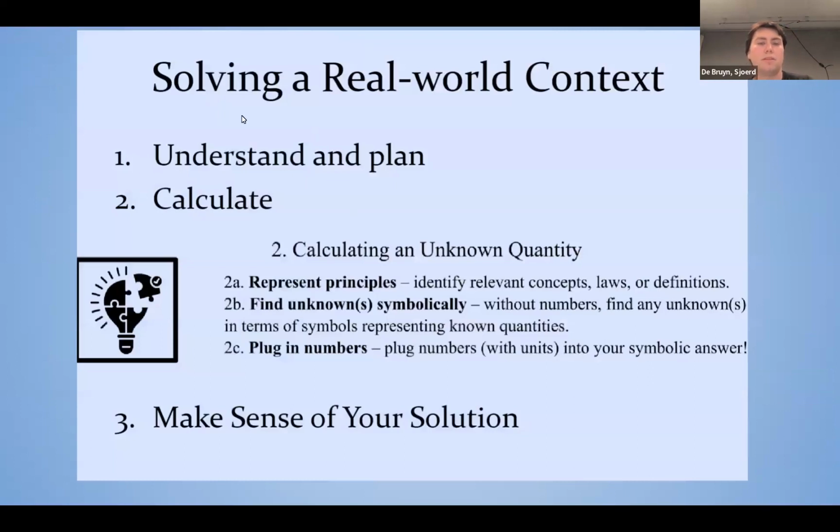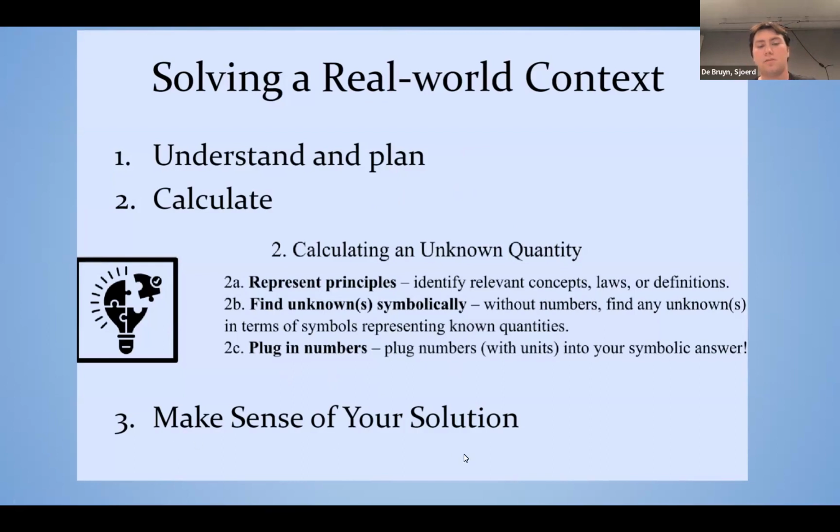And for both of these, we can see that they are real world context problems. We're using both the same 1, 2, 3 steps to understand a plan, and we're calculating the unknown quantity, first solving it symbolically, which Paul did in the video, and then plugging in numbers. We just solved this one symbolically, but we could plug in numbers to get a better representation of that as well.